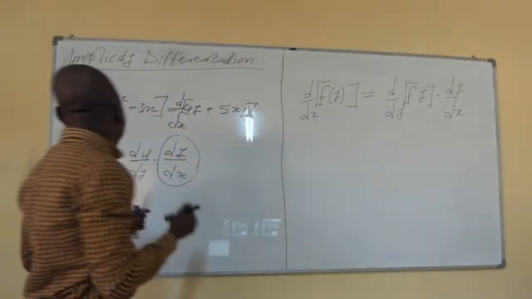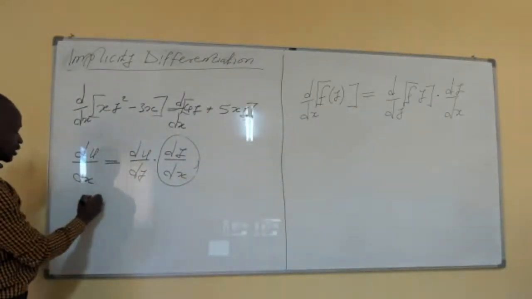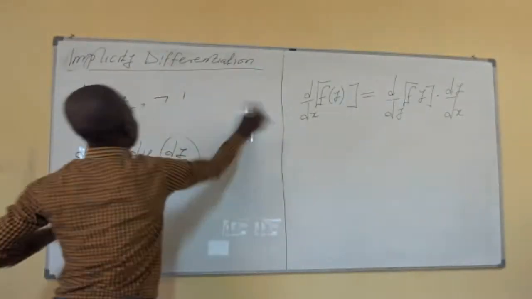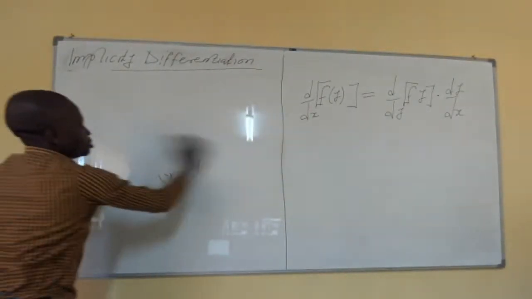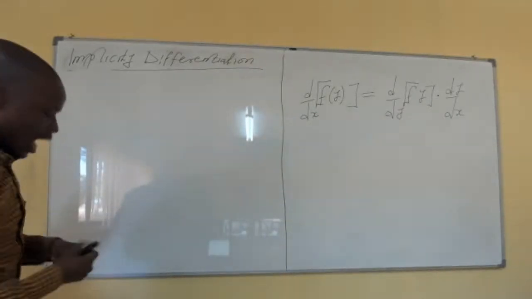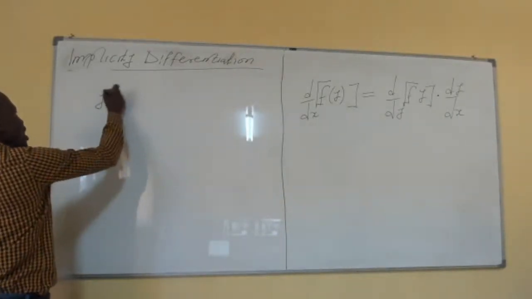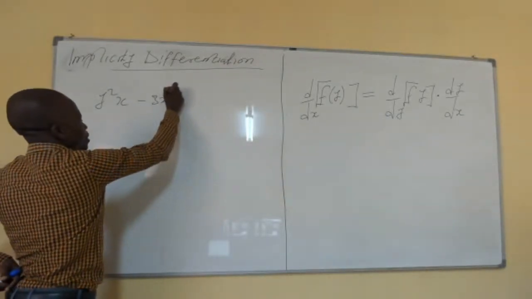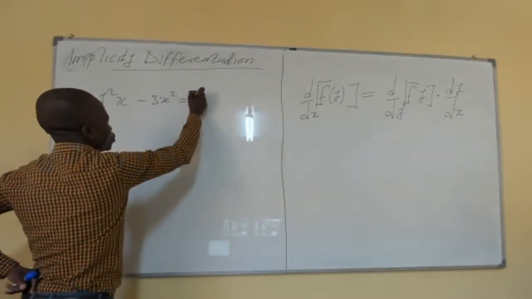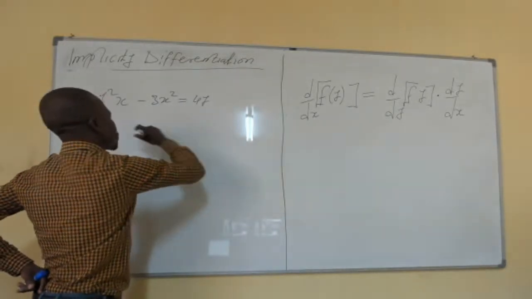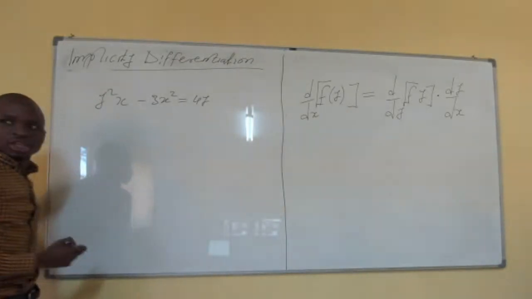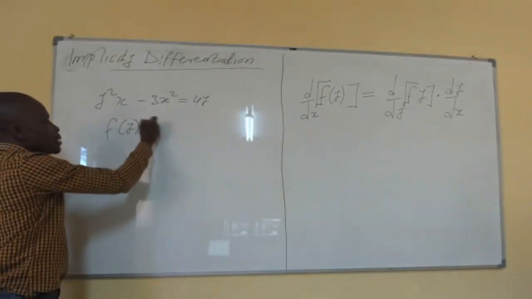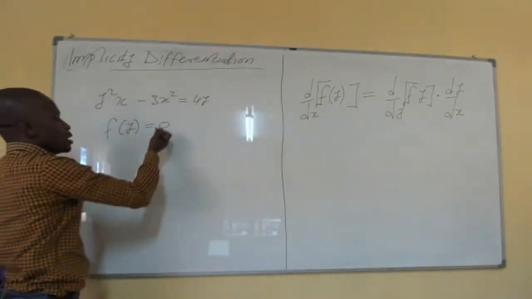So if I write my function as y squared x minus 3x squared is equal to 4y, this is a function of x, and this is a function of y. So f of y, maybe we can say, is equal to 0.